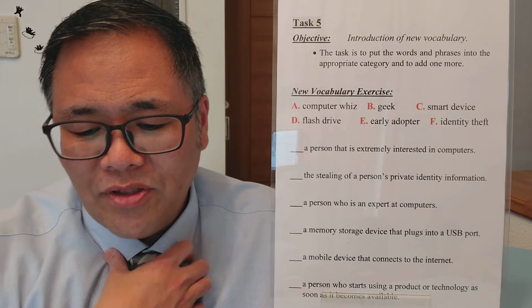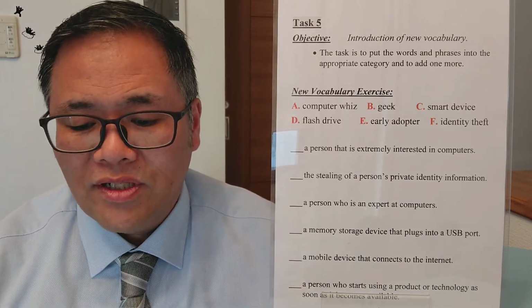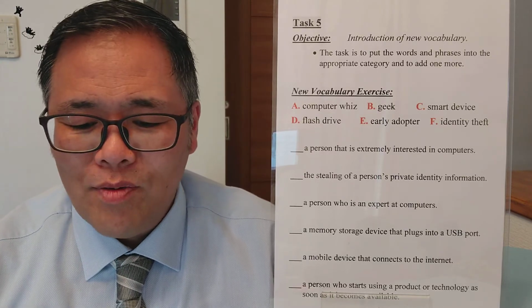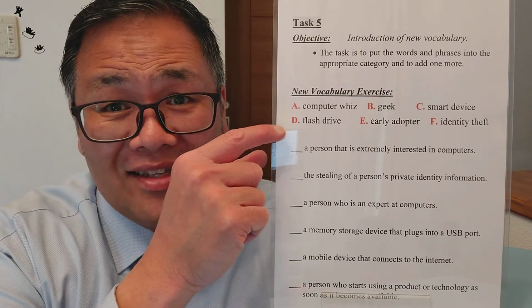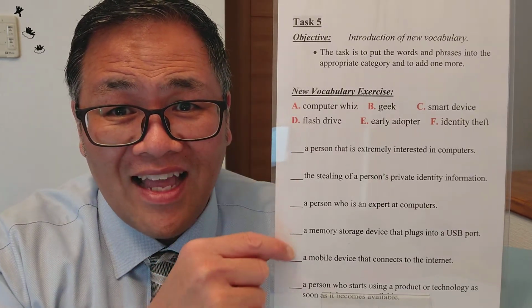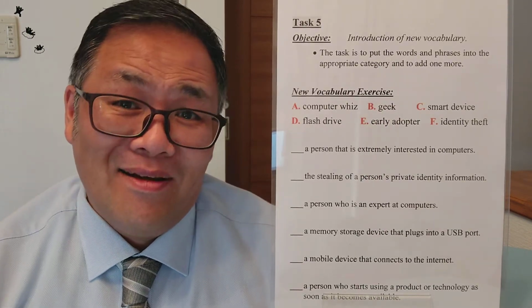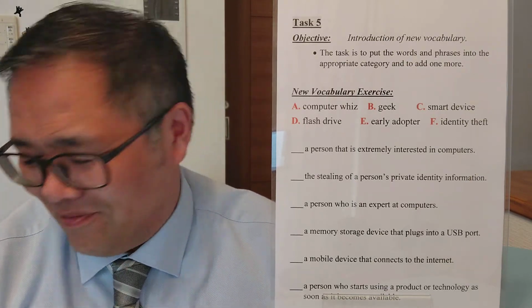A person who is an expert at computers. A memory storage device that plugs into a USB port. And a mobile device that connects to the internet. So that's the task you have to do in task number 5.